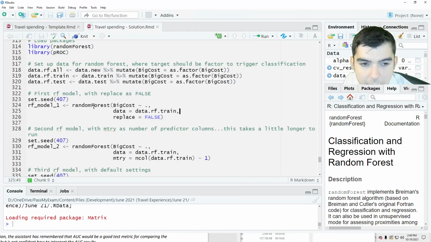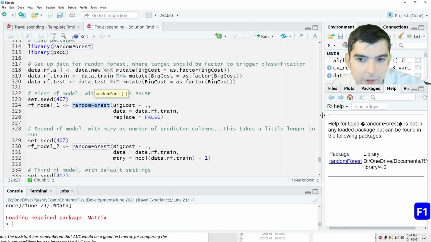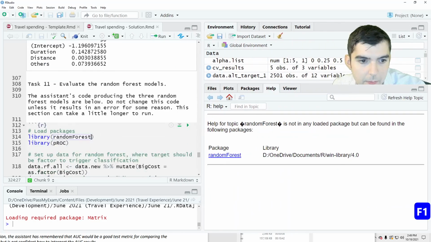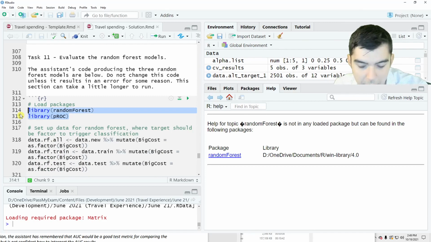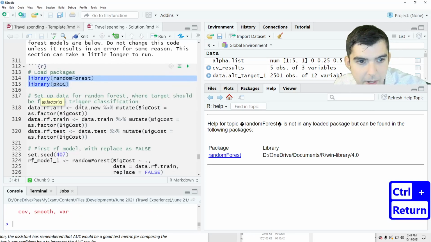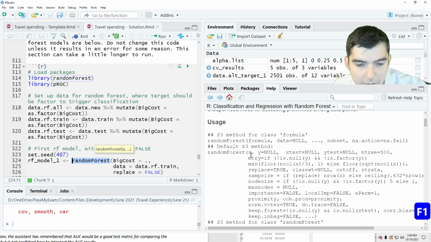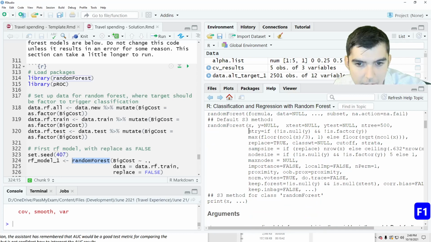So if you look at the function, double click and then press F1, well, first you have to load the random forest package, and then you double click on the function name and press F1. Then it will bring up this, and what you're looking at is the parameters.